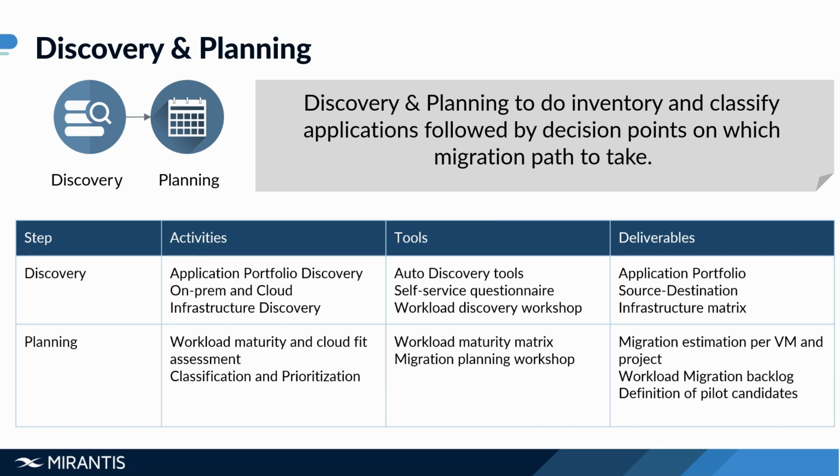Before we start the discovery phase together with our customers, we are using an auto discovery tool to gather facts from the source system. This is pretty detailed, which means we are gathering facts about all running virtual machines, about the whole utilization and configuration of the cluster.